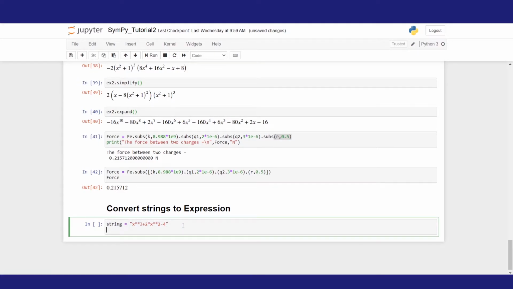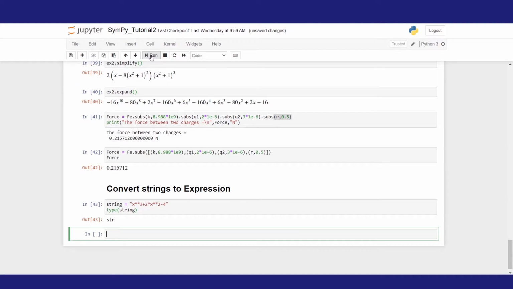So if we go further to check the type of this variable string, this has to return str, which means string. Now how do we convert a string to an expression? As we can see, this is x cubed plus 2x squared minus 4 in string form.